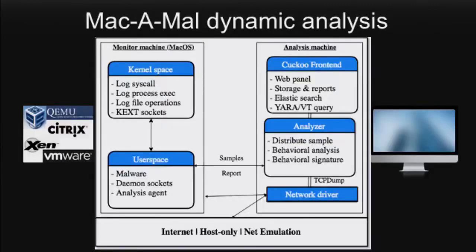About the dynamic analysis, here is an overview design of our MarkAML dynamic analysis. It can be divided into two main parts, the host analysis machine and the monitor machine. On the right side of the screen is the analysis machine, which is built upon the Cuckoo Sandbox, the Cuckoo front end.